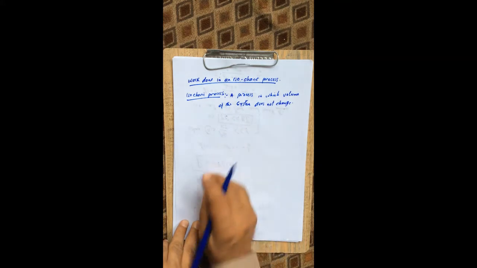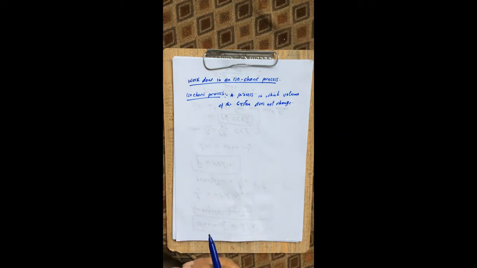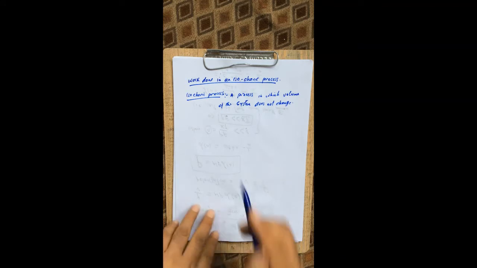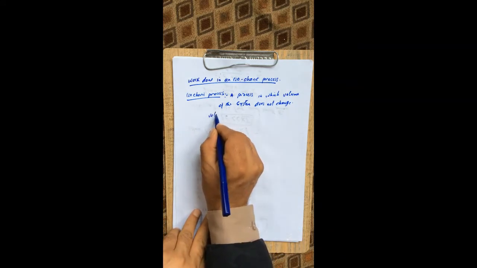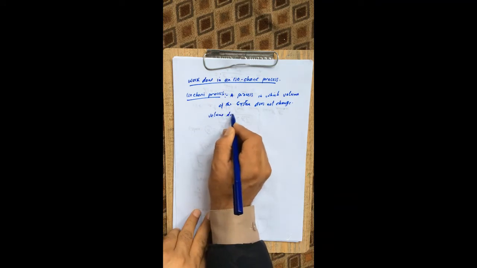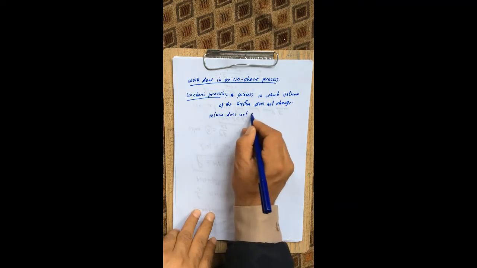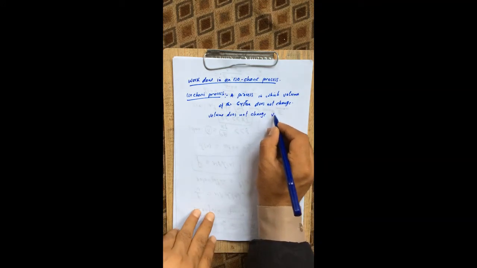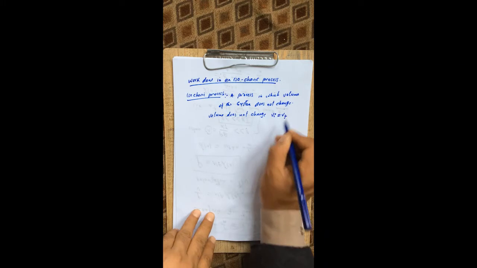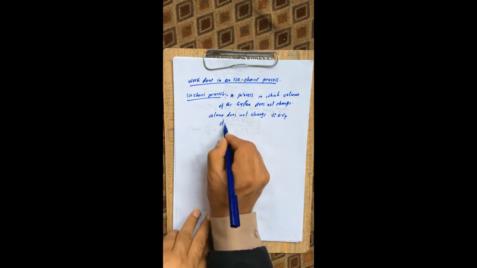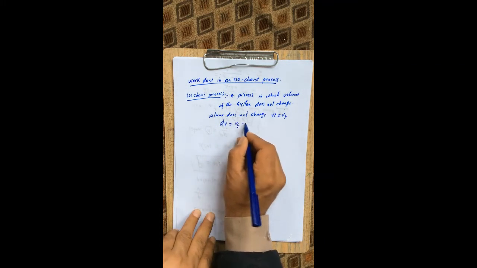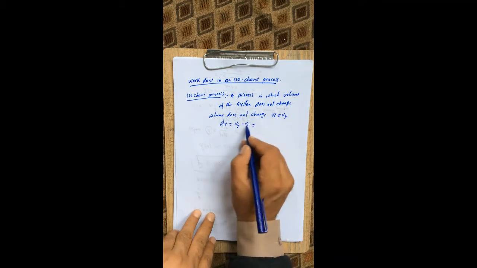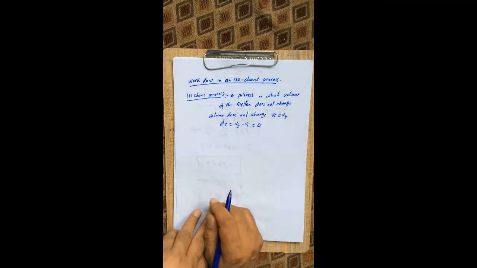If the volume of the system does not change in a process, then that process is called an isochoric process. So volume does not change, what does it mean? It means that the initial volume will be equal to the final volume. And we know that the change in volume is the final volume minus the initial volume. So if both of them are equal, then the change in volume will be 0.